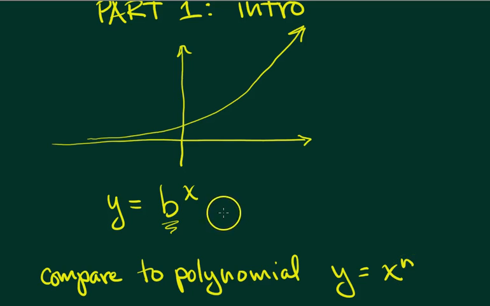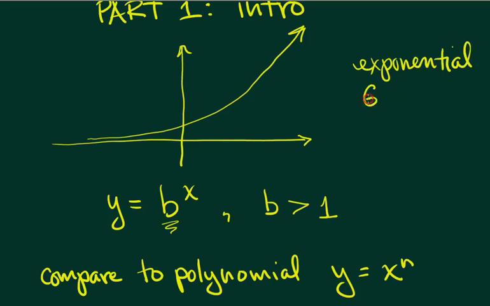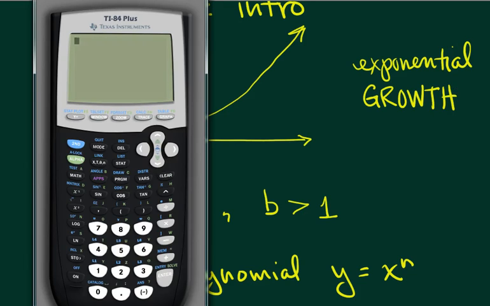Now, I should note here that in this picture, my base is strictly greater than 1. And again, this picture illustrates what is called exponential growth. Let's look at an example in the calculator.